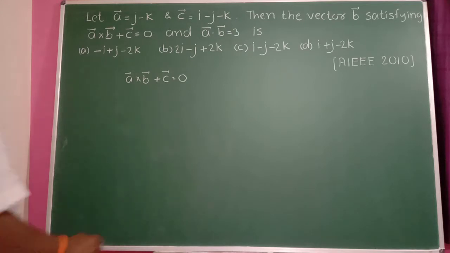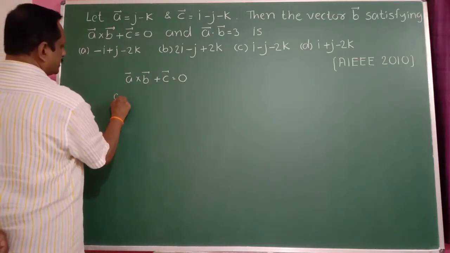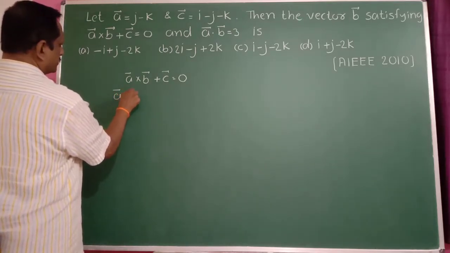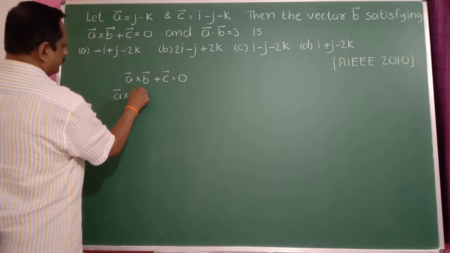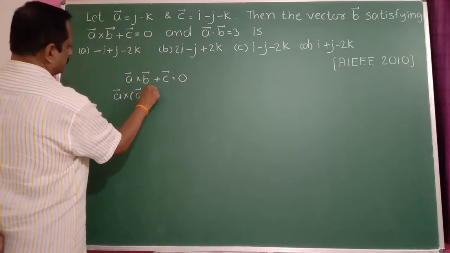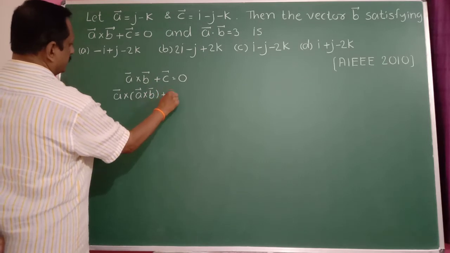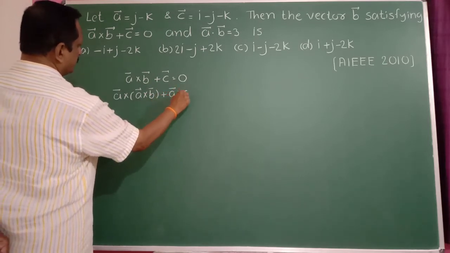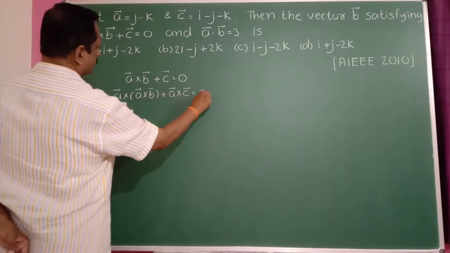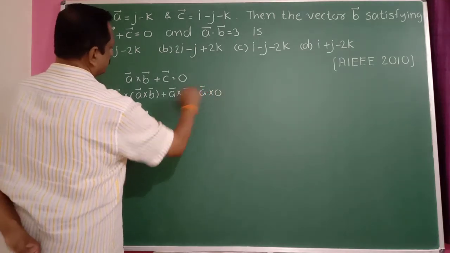Then taking a cross product of A bar on both sides here, A bar cross of A bar cross B bar plus A bar cross of C bar is equal to A bar cross of 0.